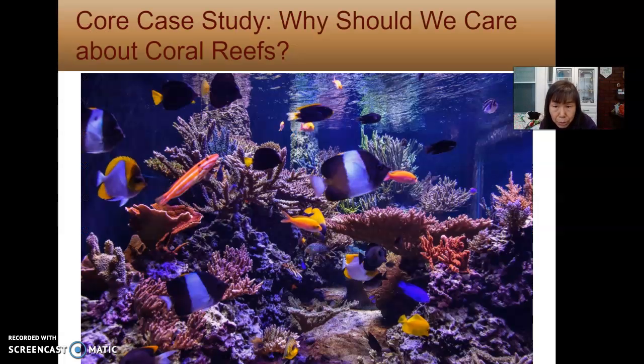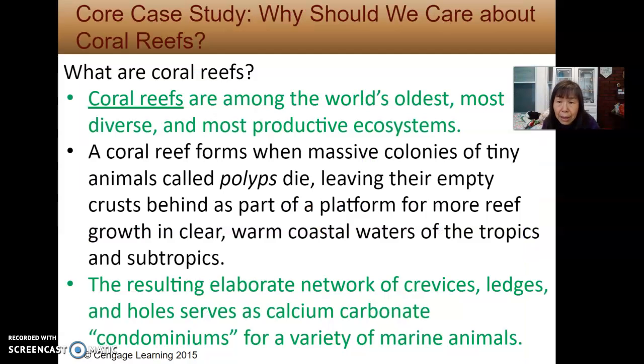So this is the beautiful coral reefs. What are coral reefs? Coral reefs are among the world's oldest, most diverse, and most productive ecosystems.